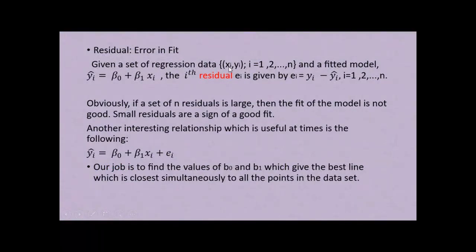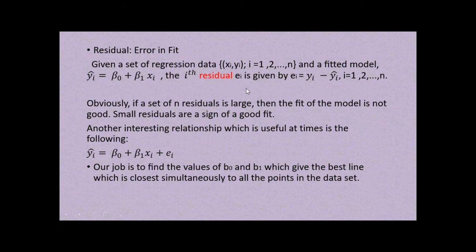You have a set of values xi, yi. So x1, x2, x3. You can say from the previous data there are 12 data for x and yi. All the pairs we collect: x1, y1, x2, y2. And the fitted model, this is the y cap values for every xi. I will solve this one in an example. We will certainly find residuals, and at that moment we will come back and discuss what this is, right?